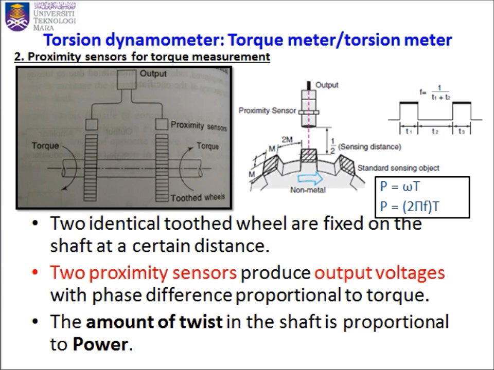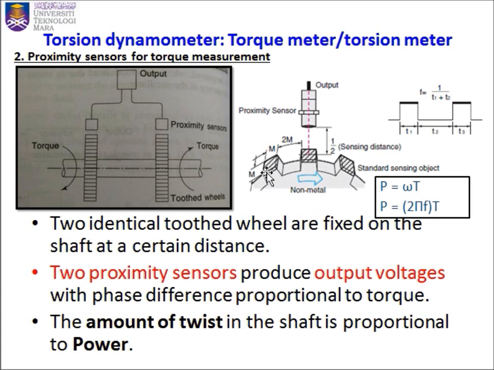And next, proximity sensors for torque measurement. This is the proximity sensor. The formula we use in this topic is power equals omega T. As we know, omega is equal to 2 pi f, so P equals 2 pi f T. Two identical tooth wheels are fixed on the shaft at a certain distance.